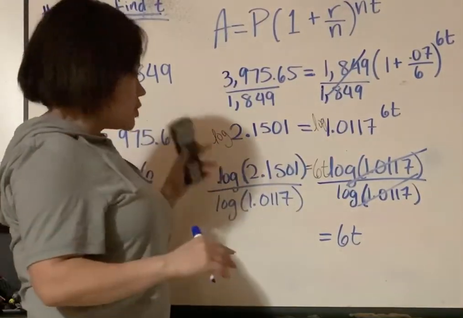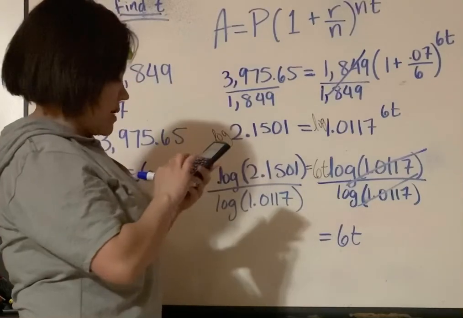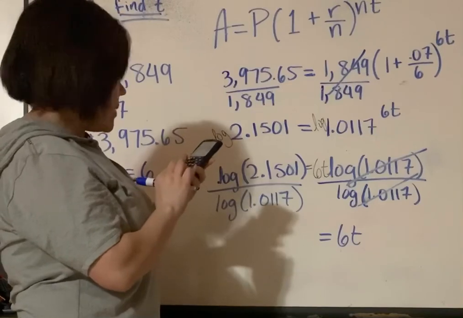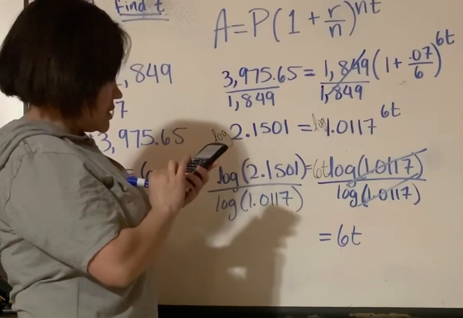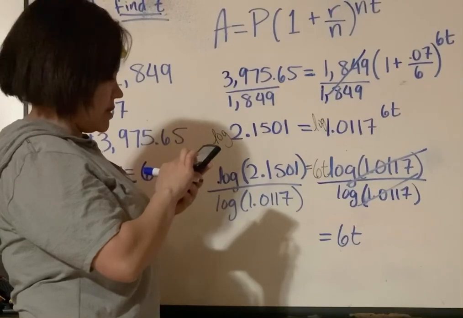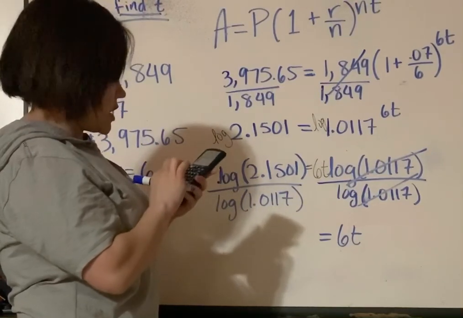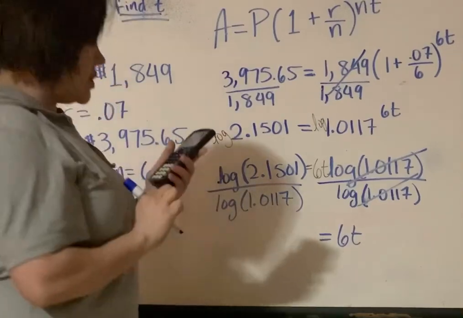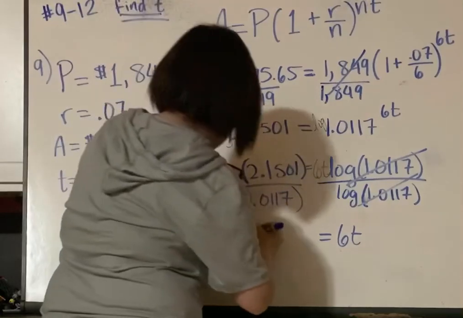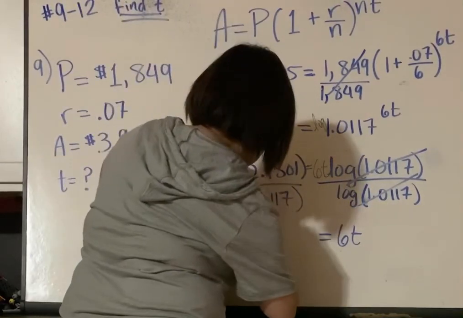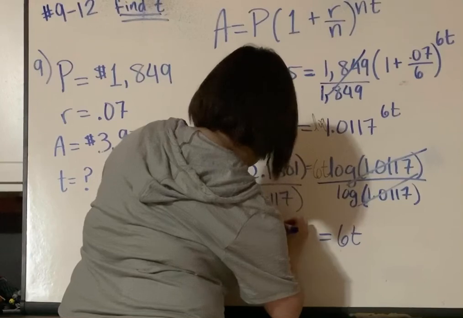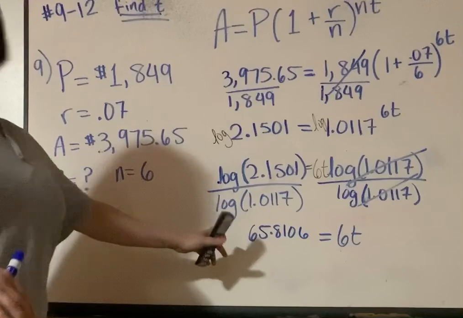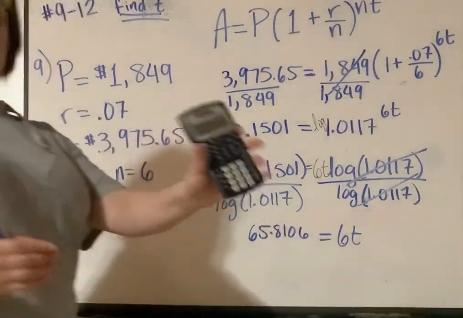You have to do log of that number, close it, divided by log of 1.0117. Okay, I think I did it right. I do get 65.8106.